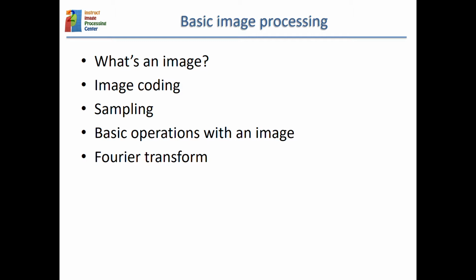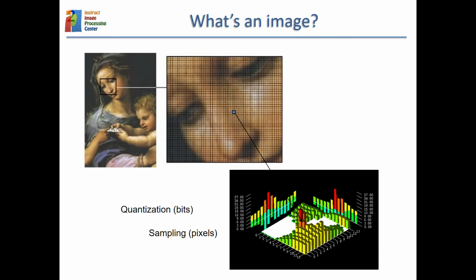We will first define what an image is, then see how they are encoded, then the concept of sampling, and then basic operations, and one of the most important operations is the Fourier transform.